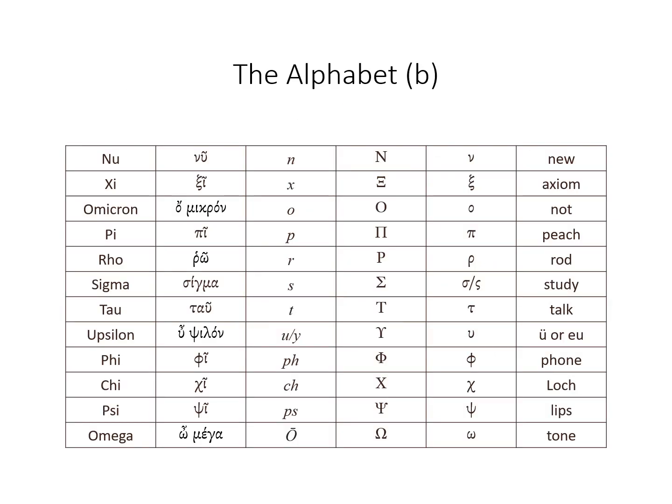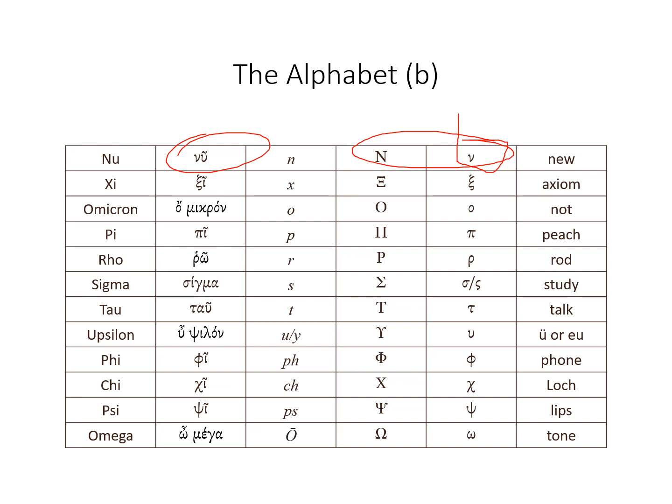On to the next slide, nu. And you can see here, the capital looks like the capital letter N, but the lowercase looks like the English letter V. This can be confusing and you'll want to get that down now.